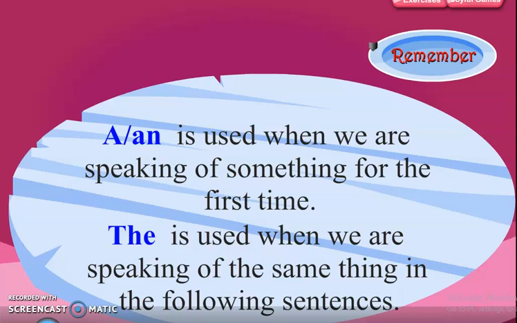Vowel sound है तो an लगाना है और consonant sound है तो a लगाना है. और the के बारे में, if you are talking about the particular thing या specific, अगर कोई चीज के बारे में आप particularly बात कर रहे हो, then you will use the. या तो एक चीज एक बार आपकी बात हो चुकी है और दूसरी बार उसी चीज या person की आप बात कर रहे हो, then only you will use the.